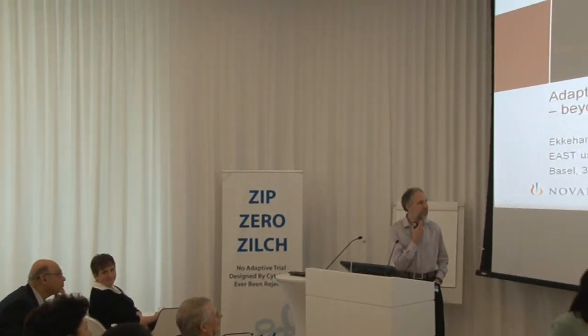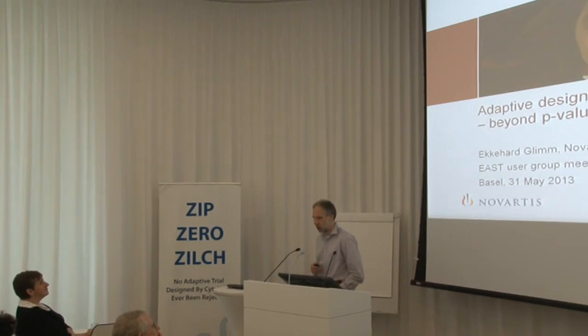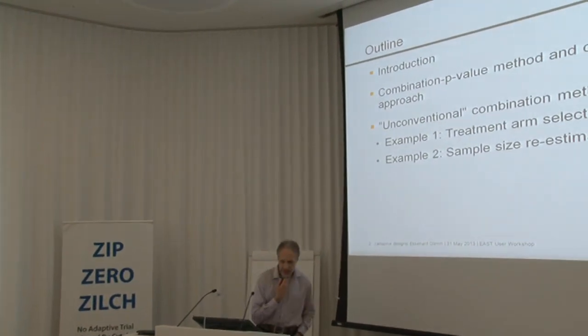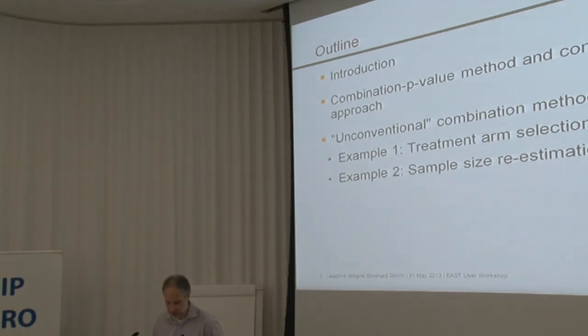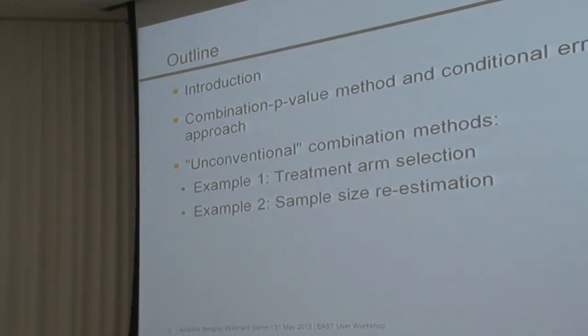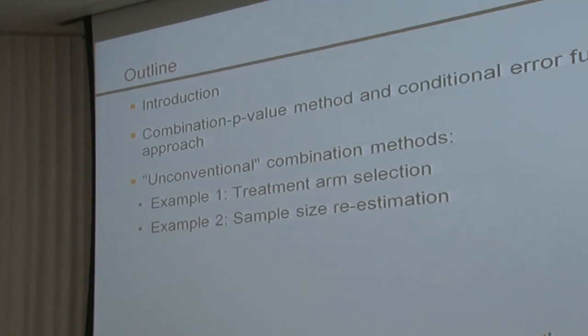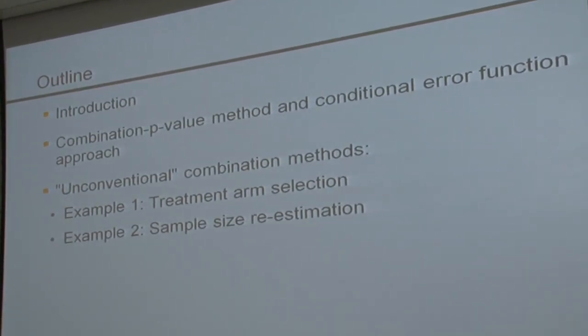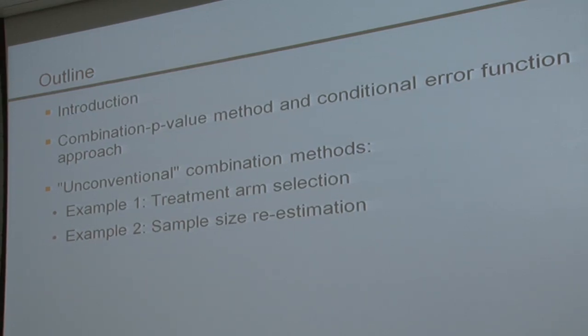My talk will be along the lines of what Chris and Sue have talked about. So I will start with an introduction which might look familiar to you, things that you might have heard earlier today as well as yesterday, so I can be very quick about that, regarding combination p-value methods and conditional error functions.